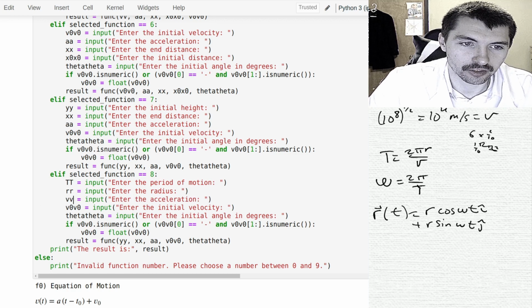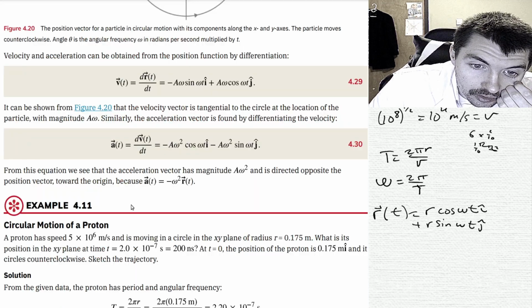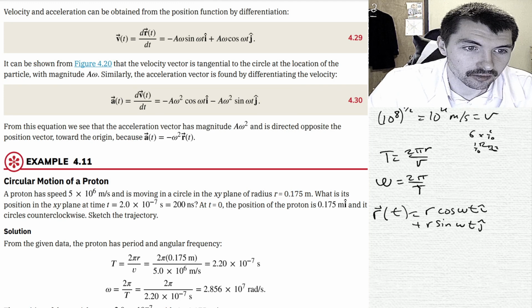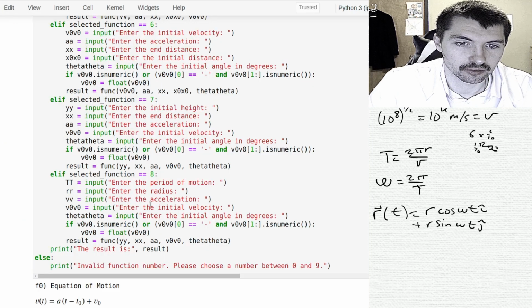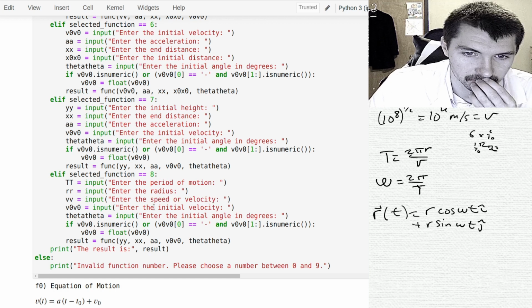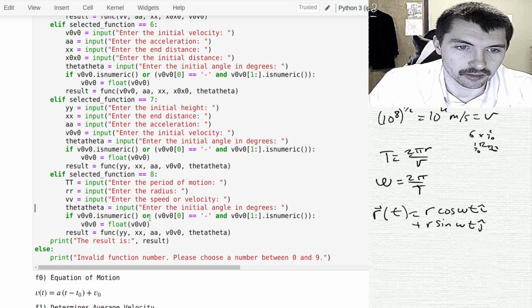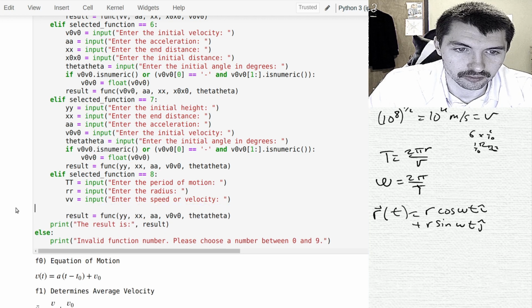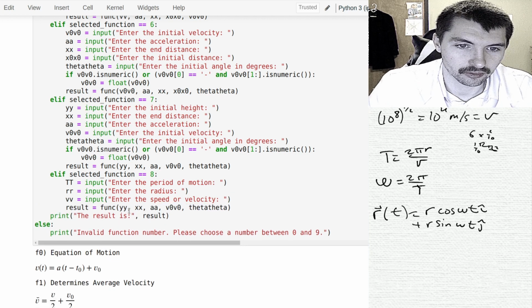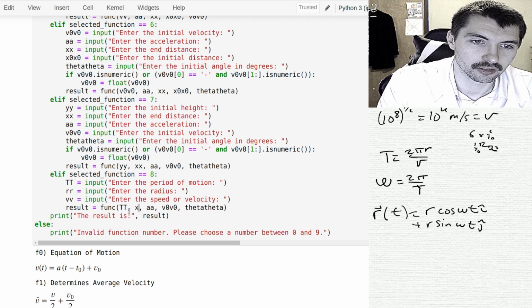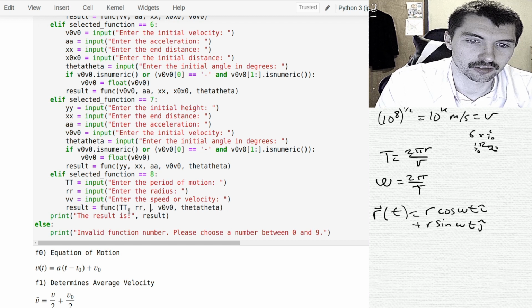Enter the velocity. Speed. We don't need this. Results.